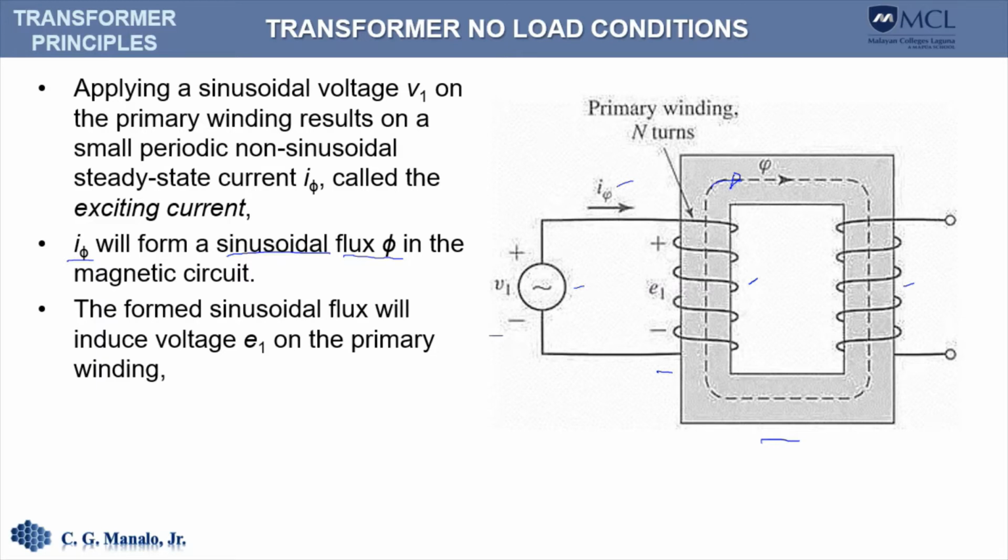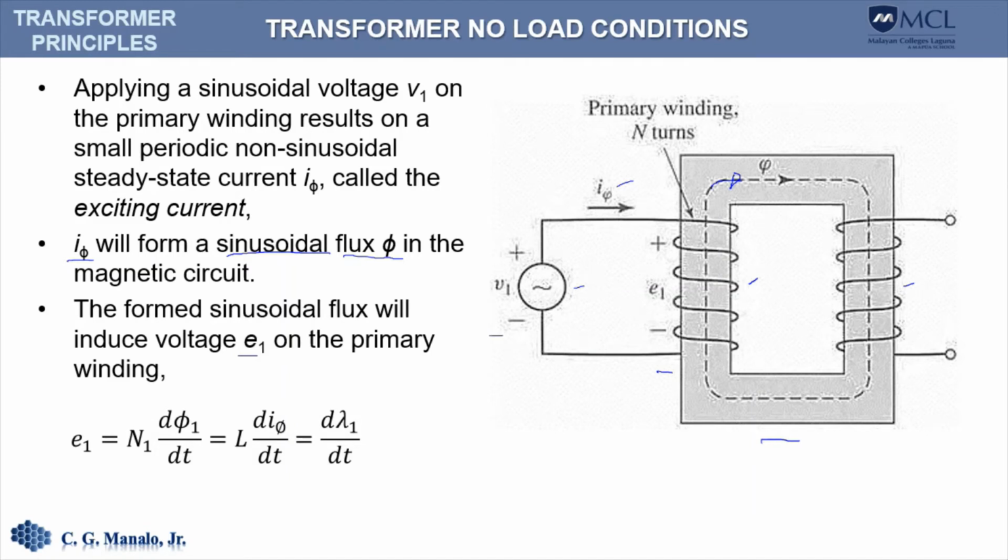On the primary winding, an induced voltage E sub 1 will be developed across that winding, with a value in accordance with Faraday's law.